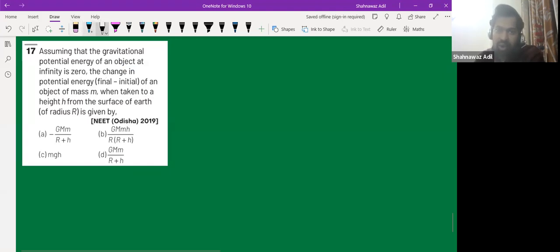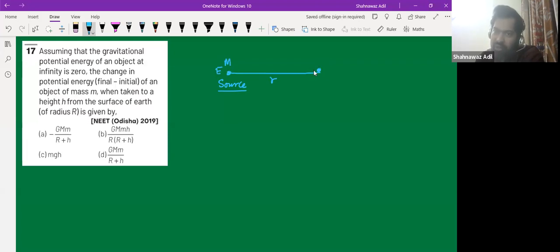And what do we already know? Let's say these are the two objects. Let's say this is the mass of the earth, which is the source mass, and from here we are getting the gravitational potential. And let's say the separation is r.